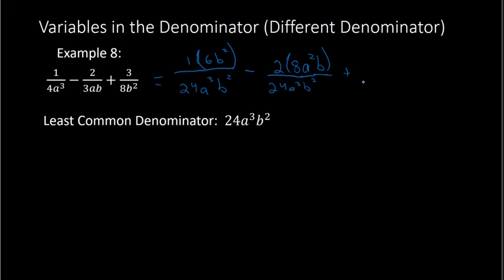And then the third fraction, we have my denominator as 24a cubed b squared as well. And then we take the 3 that was there at the beginning and multiply by something. So that something is found by seeing what I'm multiplying the denominators by. So 8 times 3 is 24, so multiply the top by 3 as well.